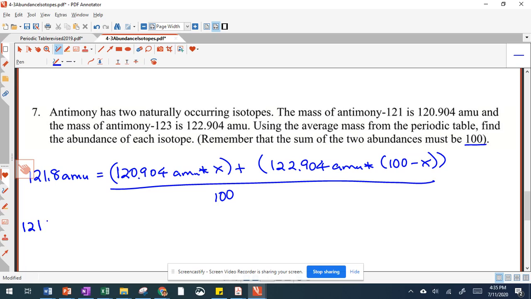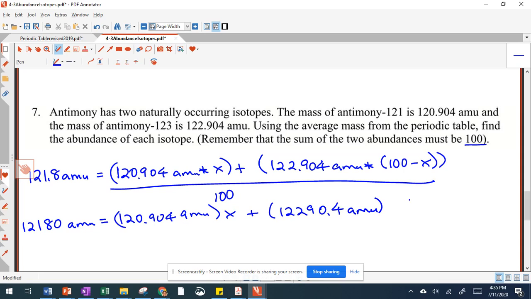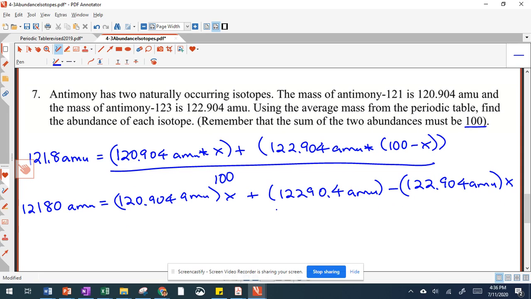So it's going to give us 121.80 AMUs is equal to 120.904 AMUs times X plus 122, which I'm going to multiply by 100, AMUs minus 122.904 AMUs X. Now I'm going to have to bring over that 122.904 to the other side, so I'm going to subtract this from both sides.